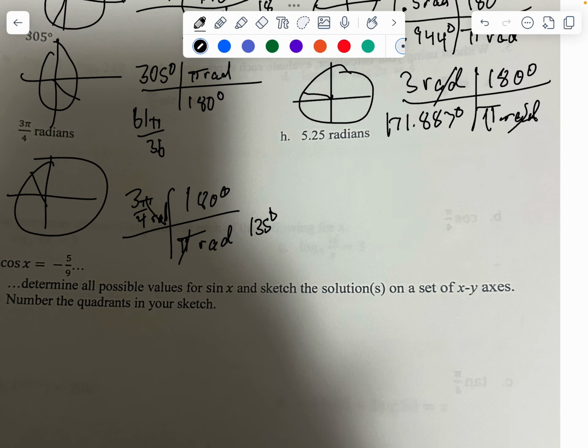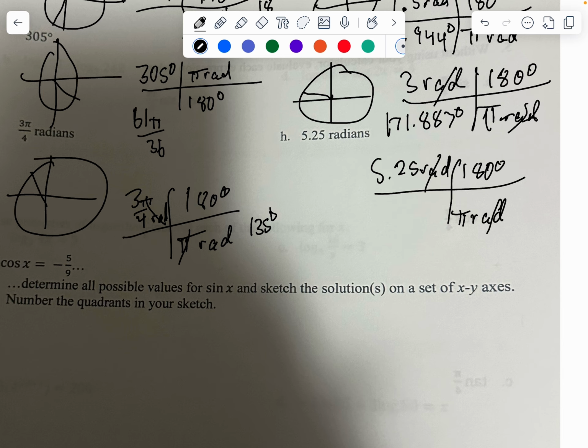5.25. Sorry about that. Pi radians over 180 degrees.